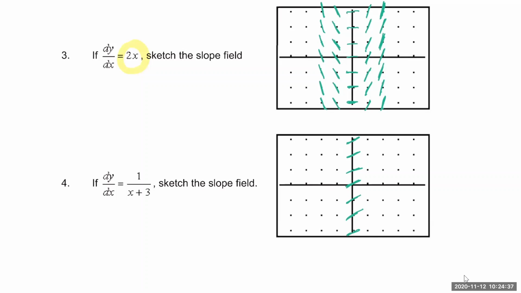Can I have you guys tell me what the slope is at -1? At -1, x equals -1. And technically, if it's bigger than 1/3, it should be slightly steeper.